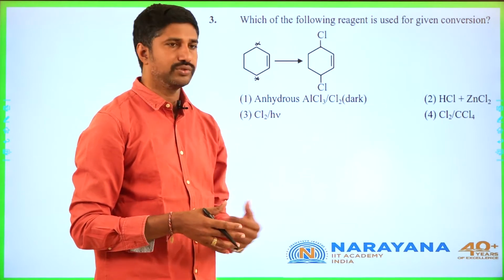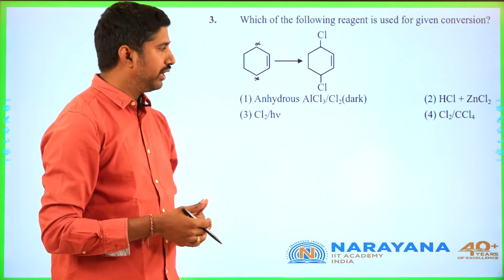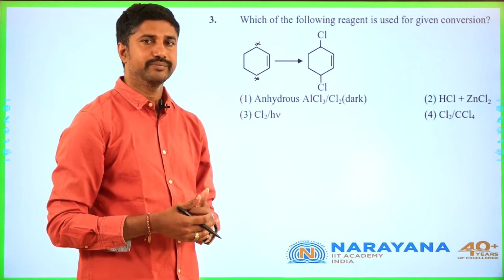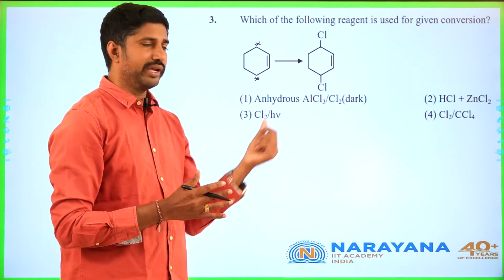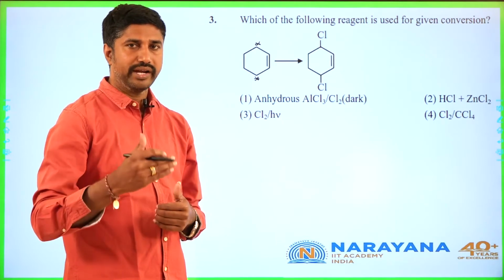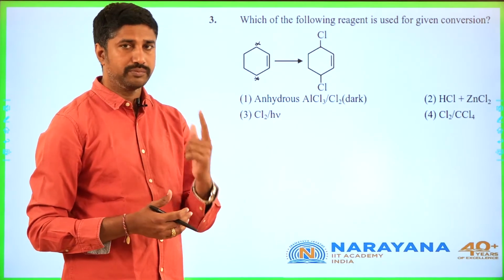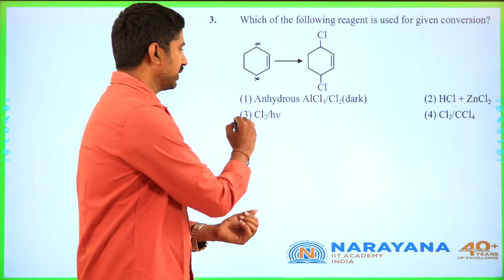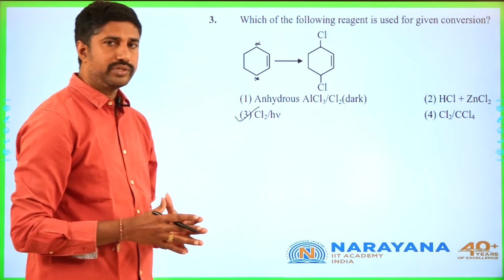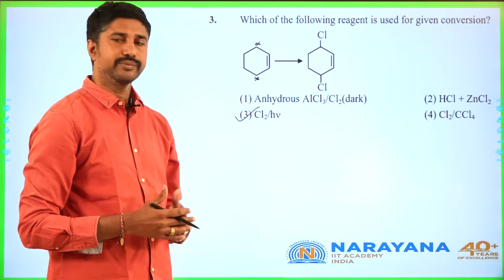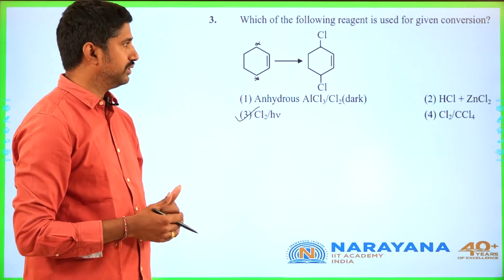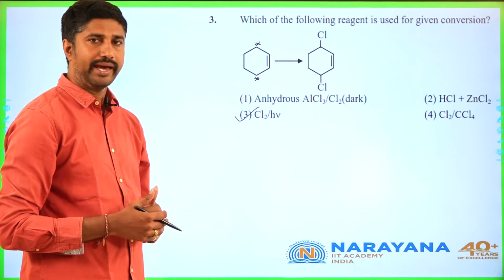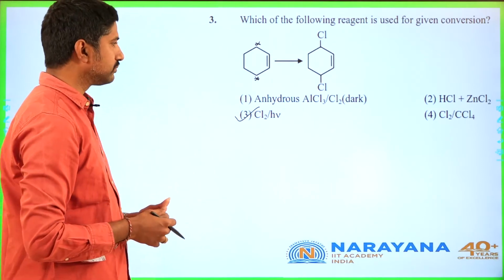The fourth option is also just an addition reaction, and we have only one possibility: chlorine in presence of sunlight, used for free radical substitution reaction at sp3 carbon. So only the third option can give the respective product. Understand? So this is the simple conversion, allylic halogenation reagents.